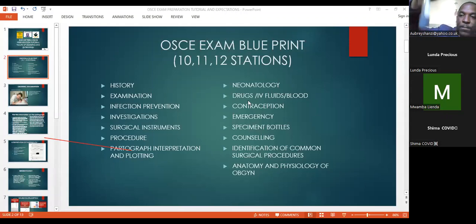These blood sugar bottles, these full blood count bottles, these bottles we use for coagulation investigations. So all these things are important. Then communicating with the patient, counseling, common surgical procedures, scissors. We already talked about anatomy and physiology.